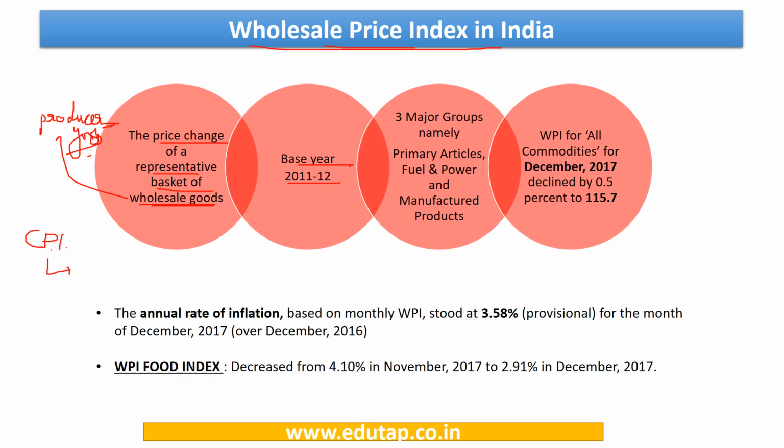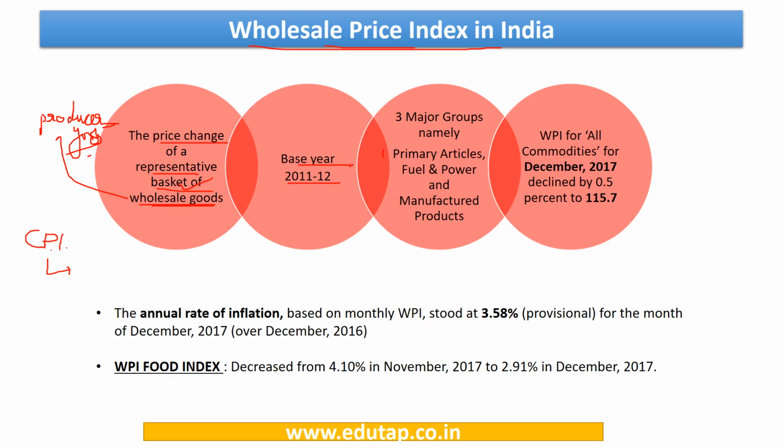Certain new items have been added to this basket of wholesale goods, and certain redundant items, for example the typewriter, have been removed to give a dynamic view to this basket and measure the current level of price rise in the wholesale price index. This index has three major categories.